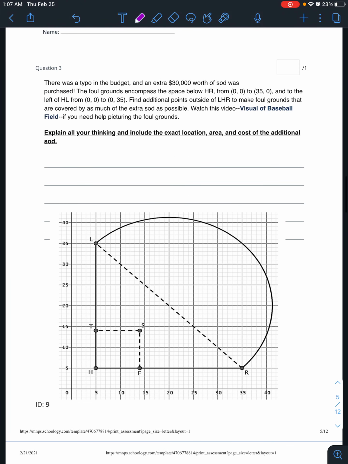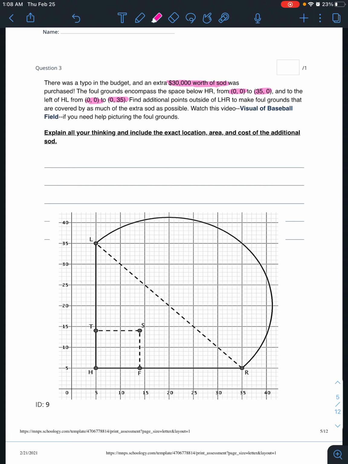And then the most hated question of them all is question 3. One thing I'll say about question 3 is I think the intention was good, but it turned out a little bit more confusing than it should have. So you have $30,000 worth of sod, and you want to fill up the outside of this baseball field. One thing that we did as a team is we gave you 0, 0 to 35, 0, 0, 0 to 0, 25.